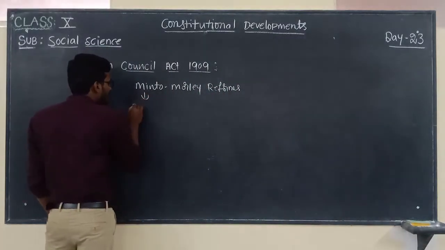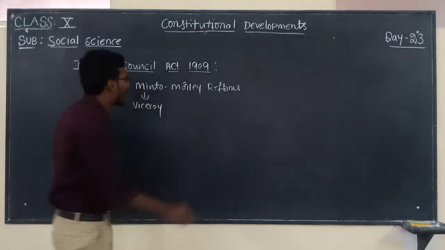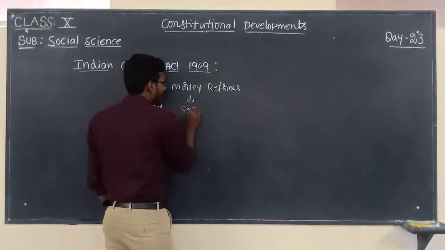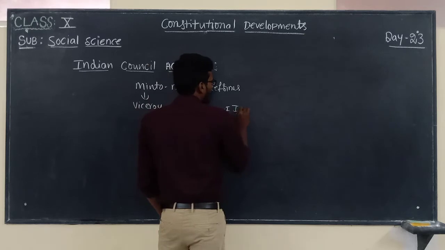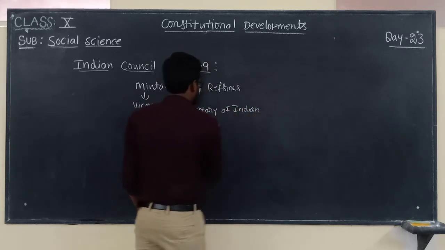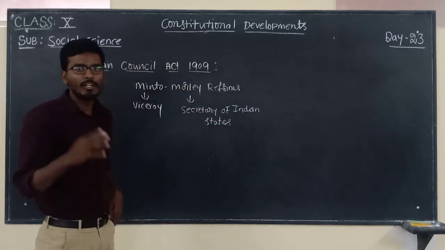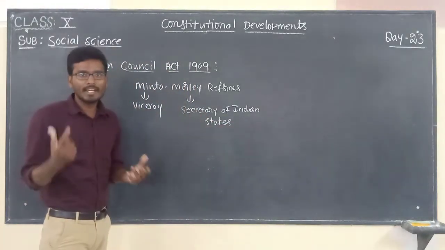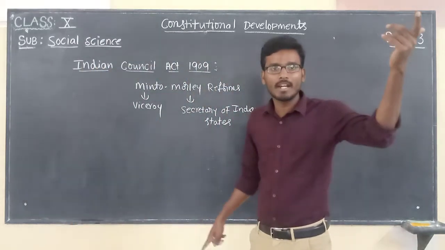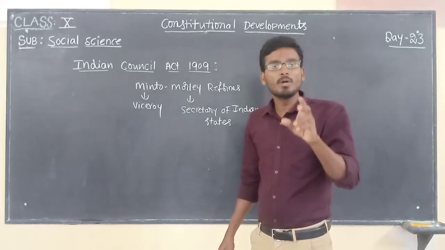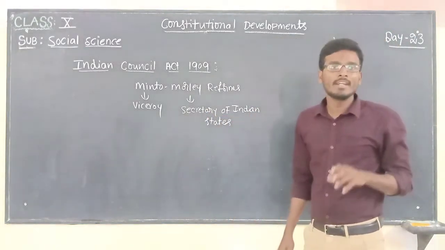Here, Minto is a Viceroy, and Marley is the Secretary of Indian States. As per previous acts, we already know a new position was created in the administration of India, that is Viceroy instead of Governor General, and more importantly, a post created in the British Parliament, that is Secretary of Indian States.